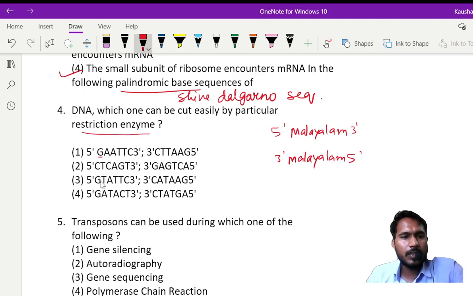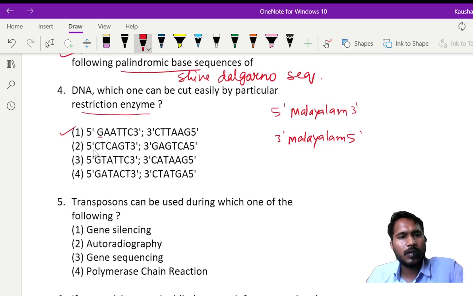Again, GTATTC, you can check. CTCAGT, no, it is not. GTATTC, no, this is also not matching. So GAATTC is your palindromic sequence. Got it?